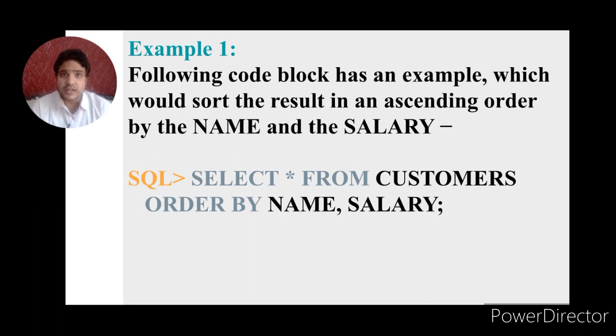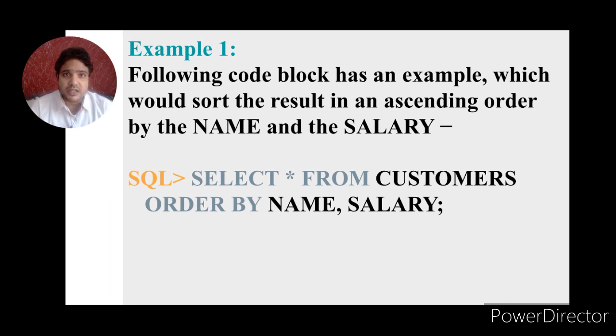If we don't write ASC in the order by clause, by default it will show ascending order based on name and salary. Here two attributes are sorted, name and salary, but when two attributes are sorted, some databases use the first attribute and sort by default in ascending order.